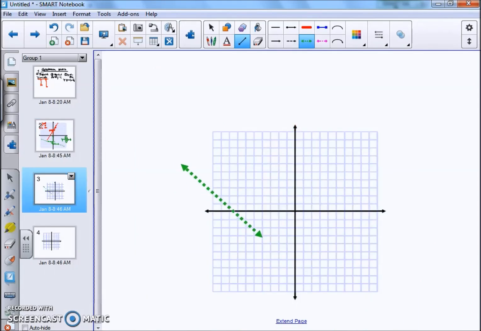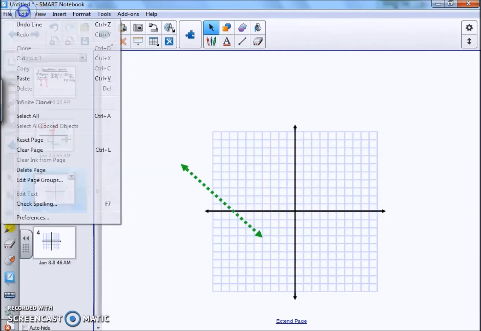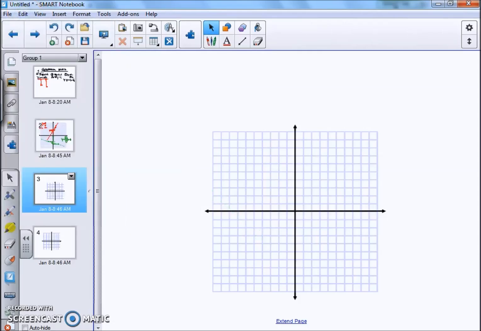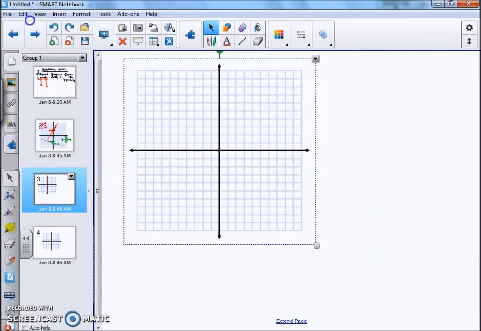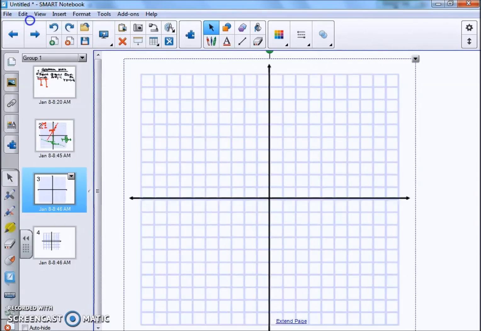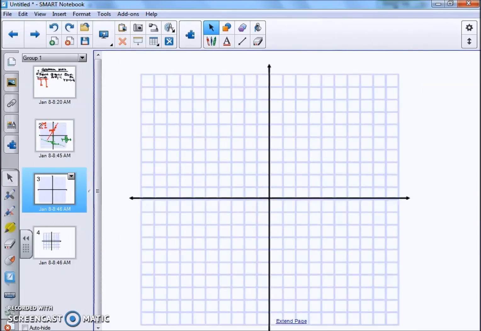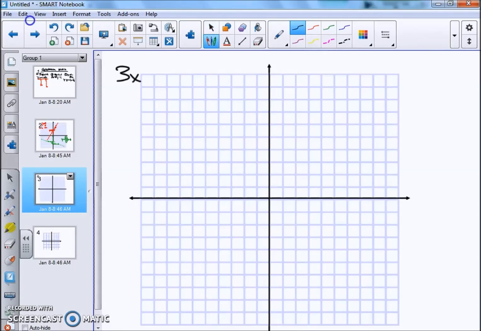Let's take a look at standard form. Someone give me an equation in standard form. There's no wrong answer here. 3x plus 2y equals 6.